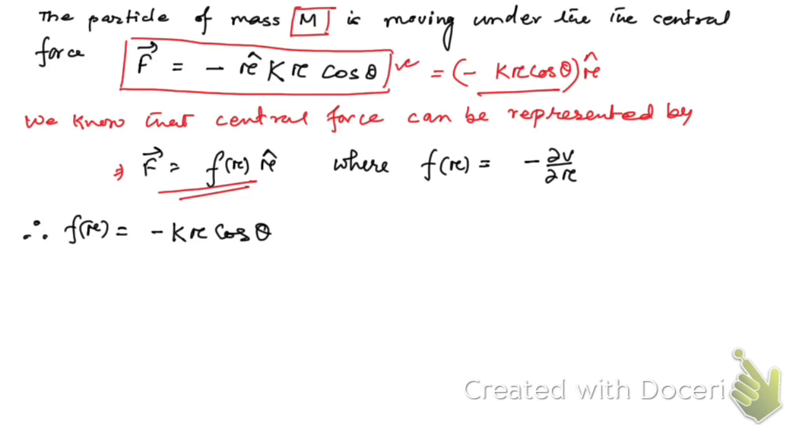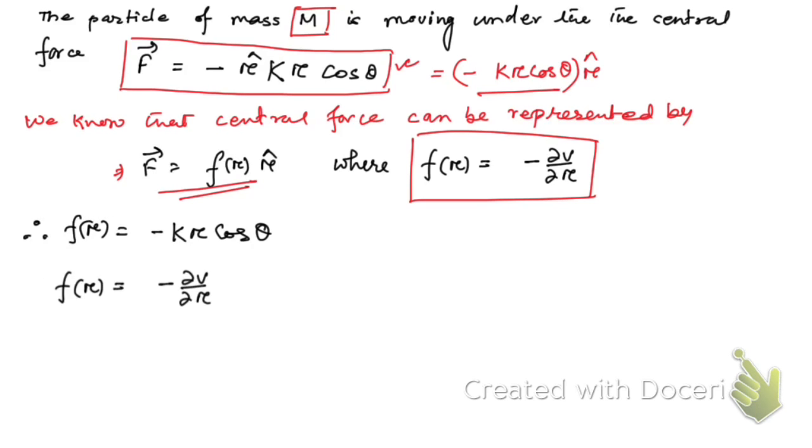Now take this relation. Let me copy this. If we simplify this equation, we're going to have del V is equal to minus f of r del r.